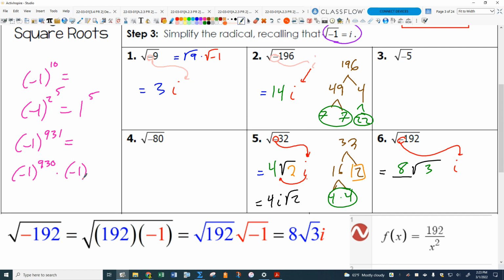And -1 to an even power, you just told me, is always equal to 1, right? So we got an interesting conclusion here then. -1 to an odd power is always -1, and -1 to an even power is always positive 1.